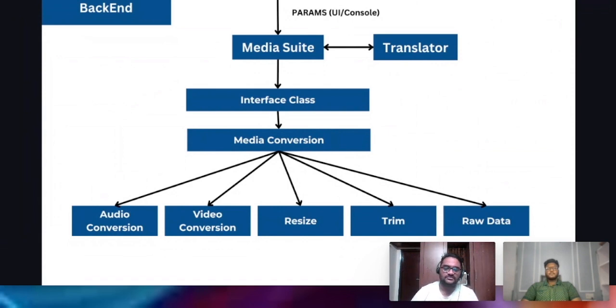The flow is still the same: parameters received from the UI console go to the translator, which translates them, and from there they go to the interface class and come to the media suite. Actually, this media suite is nothing but this interface class, and media conversion comes under the media suite. The audio conversion, video conversion, resize and stream will all be separate classes.